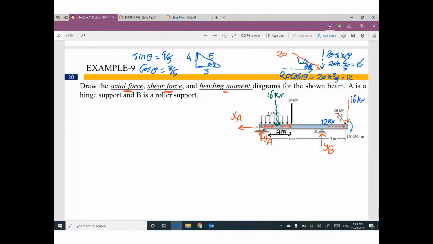In this example, you have to make sure you are doing everything correctly for reactions. We have 2 reactions at A. We have 1 reaction at B. We have uniform distributed load, so I have to get the equivalent value. You have inclined force, so I have to get the 2 components, the horizontal and vertical component. Do you have any question?